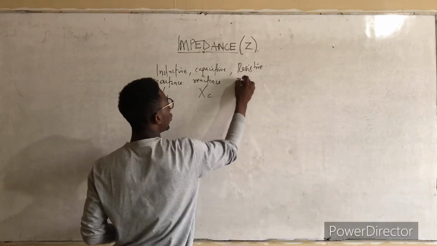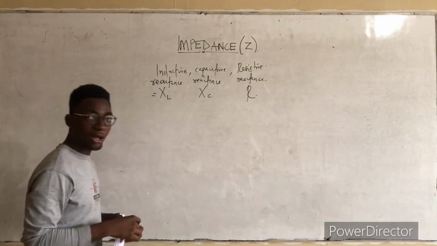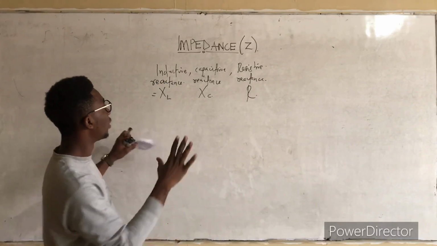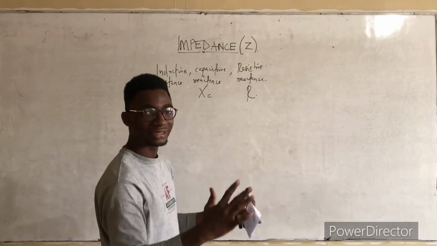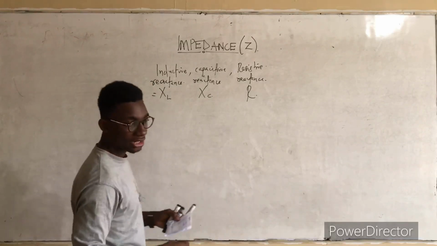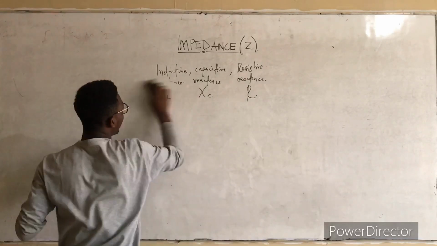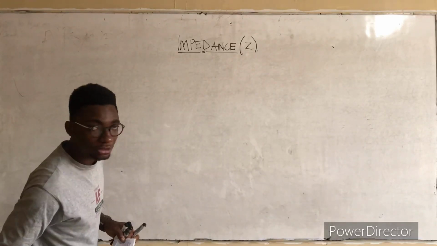And the resistive will produce resistance, which is represented by capital R. So when all these oppose the flow of current in an AC circuit, we have what we call the impedance. Now let's consider all of them and see the formulas we can use.